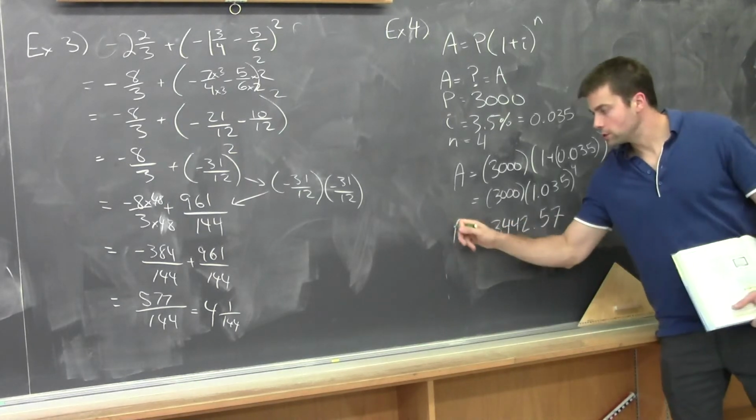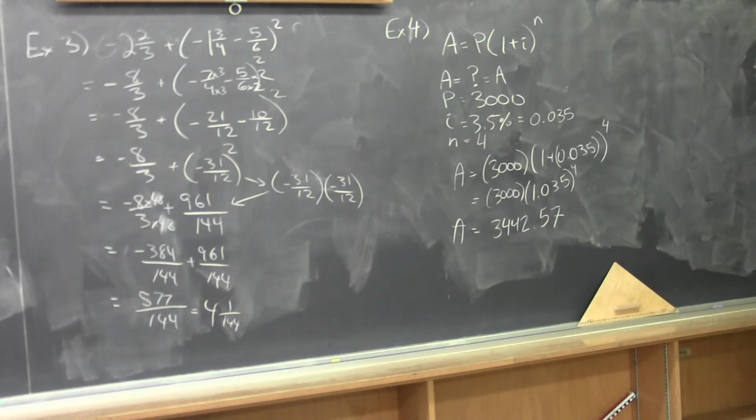So the question reads, how much money will her investment be worth in 4 years? So David, how much is the investment worth in 4 years? Really? You're not with us? Somebody else I'll pick on. Philippe.